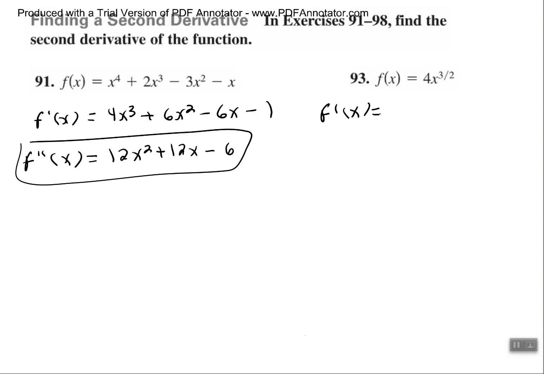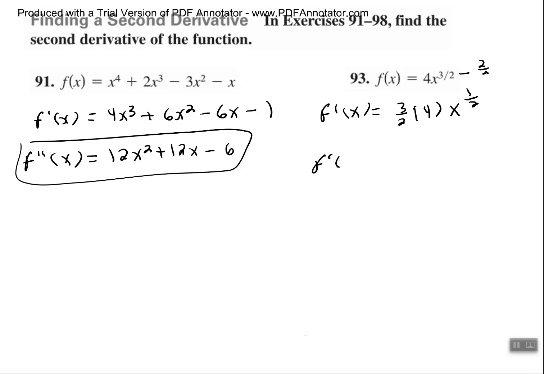So f prime of x, we have 3/2 times 4 times x to the (3/2 minus 2/2), so x to the 1/2. And then simplify that. So f double prime of x, well, we can simplify. Yeah, let's simplify it first.